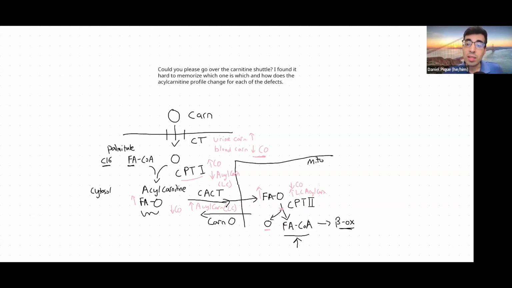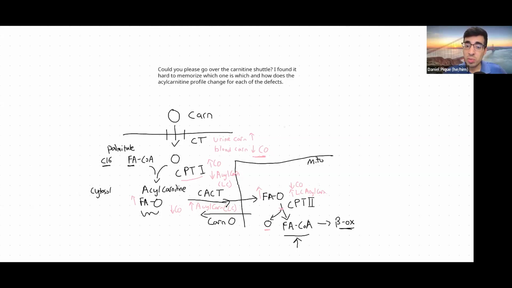And for each of these, it is only going to be the long-chain acylcarnitine species that are going to be disrupted, not the medium or the short-chain species. In addition, you can have disturbances of free carnitine. It can either be high, as in the case of CPT1, or low, as in the case of CACT or CPT2. The treatment for these disorders, we'll walk through them in another color.